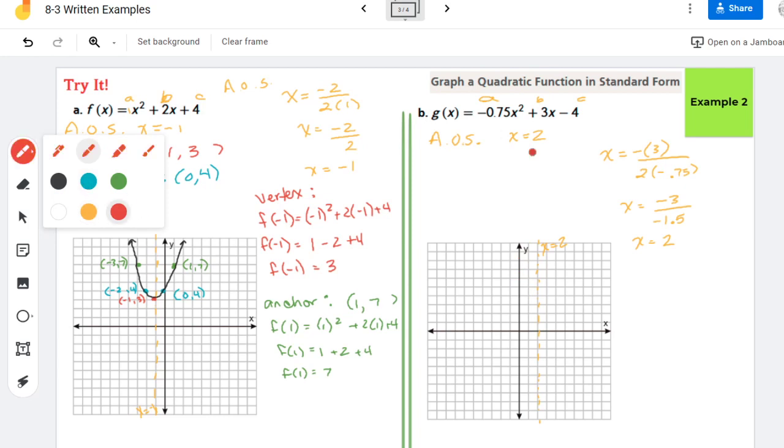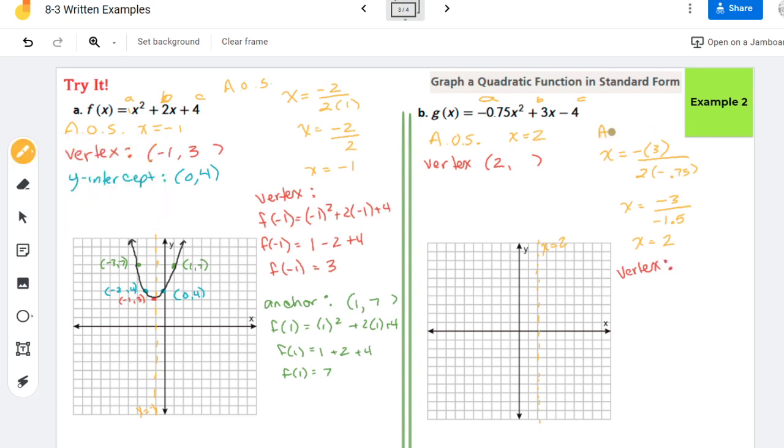Now our vertex, remember, lies on the axis of symmetry. So I'm going to plug a 2 into the function, and that'll find my vertex for me. I forgot to label my calculation for the axis. Sorry guys. There we go. So again, I'm finding f of 2 to find my vertex.